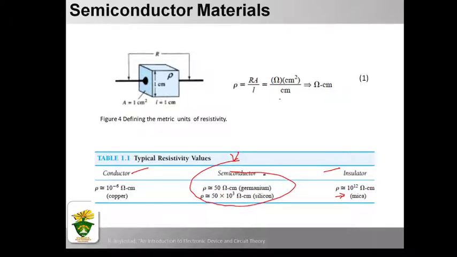Germanium and silicon have received the attention they have for a number of reasons. One very important consideration is that they can be manufactured to a very high purity level.